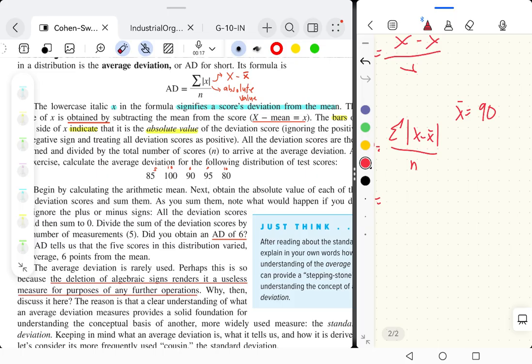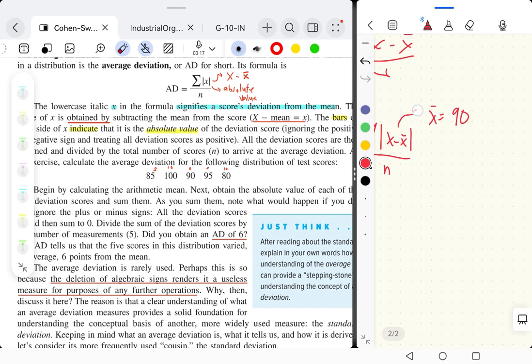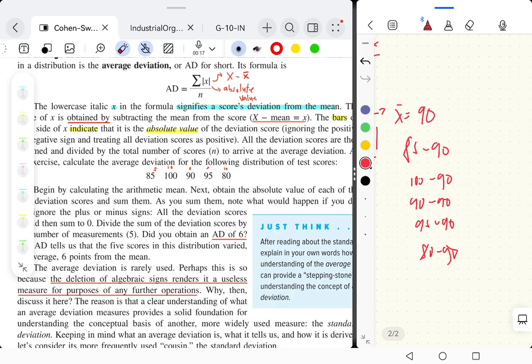Now, we want to subtract this from the scores. You follow this formula, so you get the raw score. So 85 minus 90, 100 minus 90, 90 minus 90, 95 minus 90, and 80 minus 90. So this means 5, this means 10, this means 0, this means 5, and this means 10.